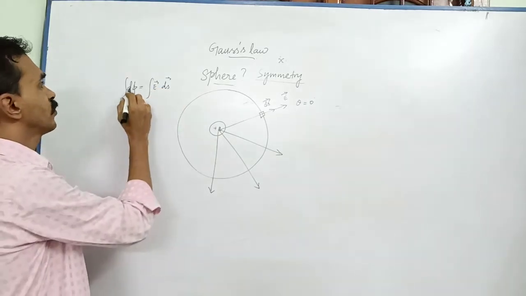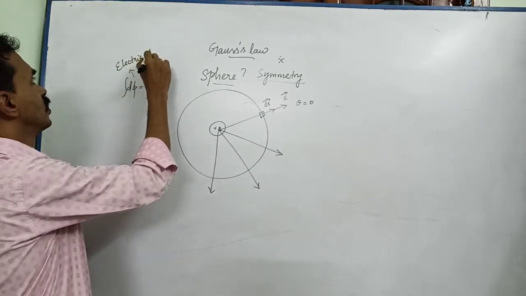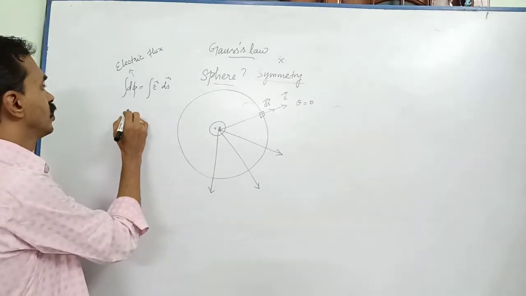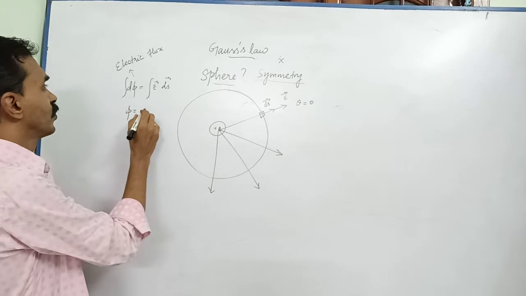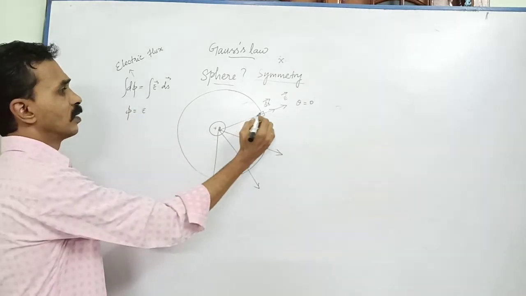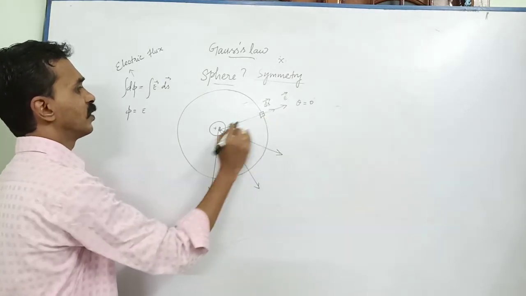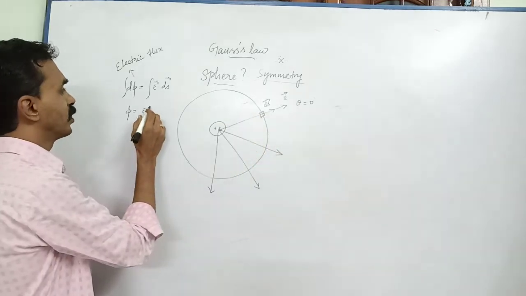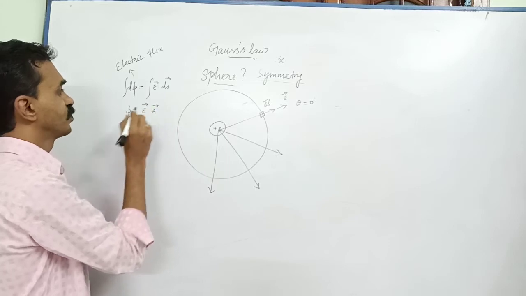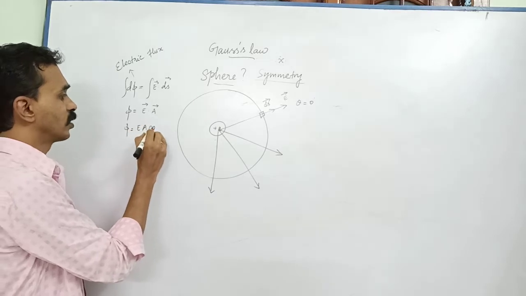So we know that this is the electric flux, and this electric flux is a scalar quantity. Being a scalar quantity, when you integrate this you get phi. The electric field E is confined to this area, so E can be taken out, and integrating ds you get the total area vector A. It is a dot product, so the equation will be EA cos theta.